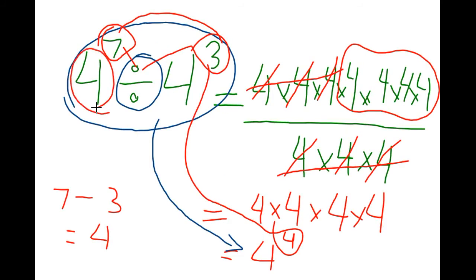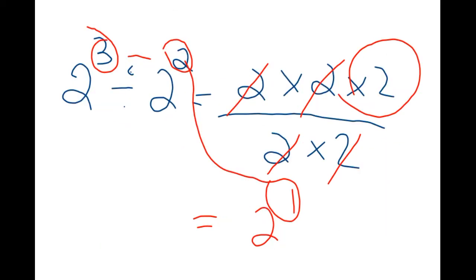Like 4 was divided by a number which also had the same base as 4 but a different power, and in this case also we had the same base, 2 and 2, but their powers were different. So since their powers are different but bases are the same, we can use the method of subtracting the powers and making out the answer.